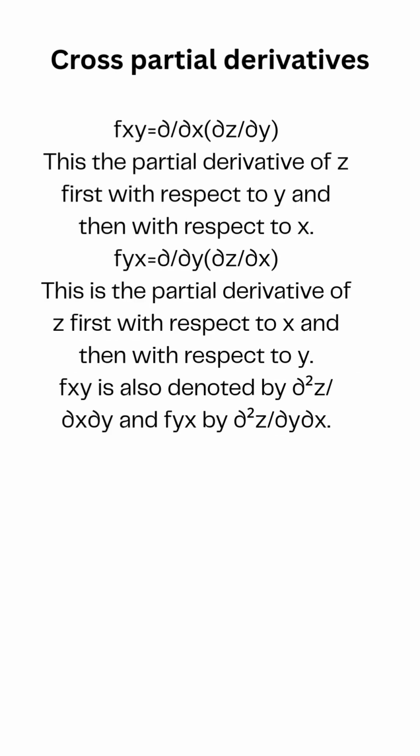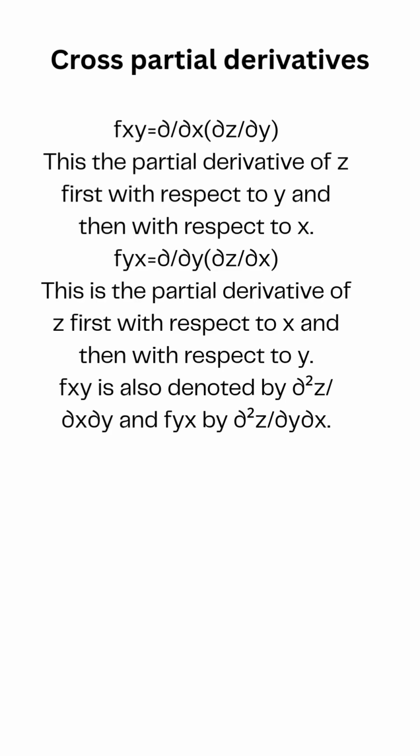Next is cross partial derivatives. Here the order of differentiation is from right to left. That is, fxy means the partial derivative of z with respect to y and then with respect to x.